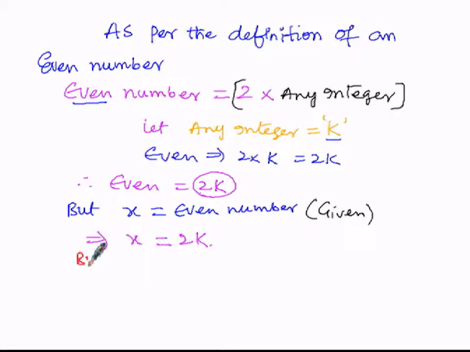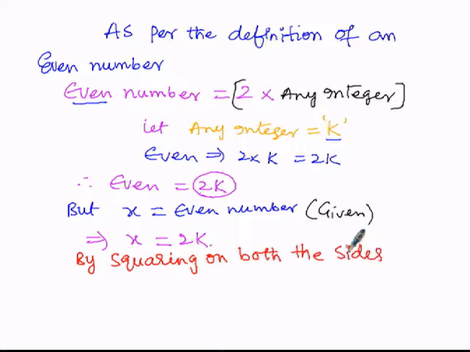By squaring on both sides of the equation x equals 2k, the next logical step will be: left hand side x must be squared and right hand side 2k also must be squared.